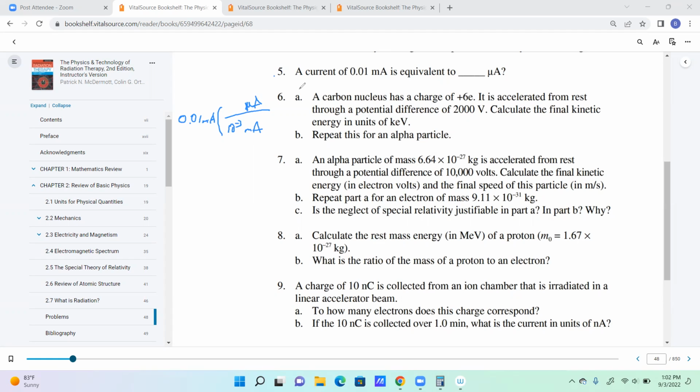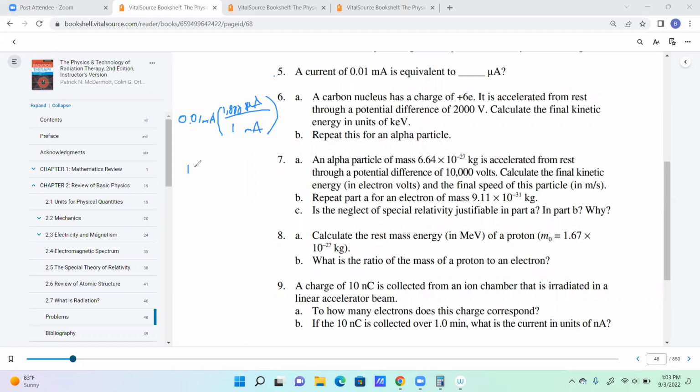Well, as it turns out, the difference between the two is going to be that in 1 milliamp, we're going to have 1,000 microamps. And the reason is that if we took 1 milliamp, this is going to be 1/1000th of what's going on here.